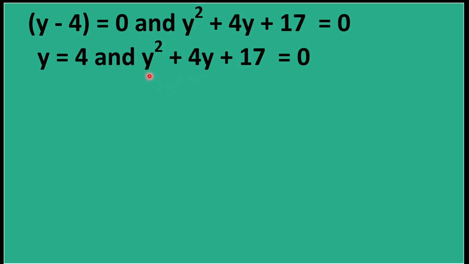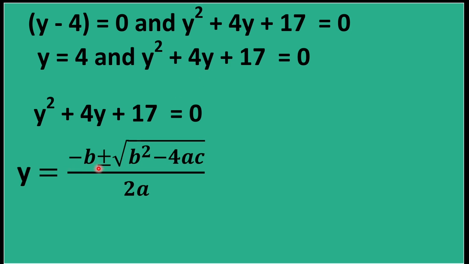So for the solution of this quadratic equation, we will use the quadratic formula, which is y equal to minus b plus minus square root of b square minus 4ac divided by 2a. And here in this equation we have a equal to 1, b equal to 4, and c equal to 17.